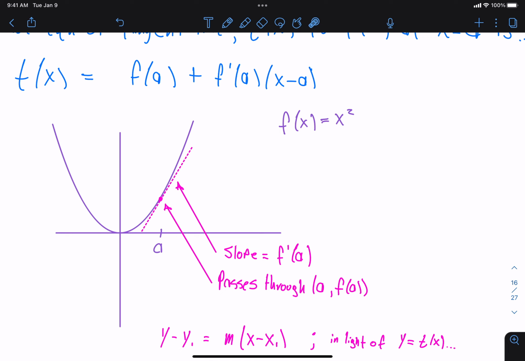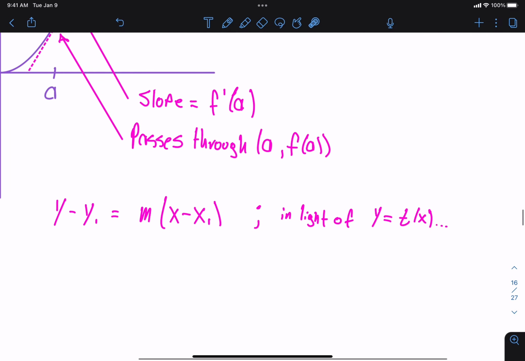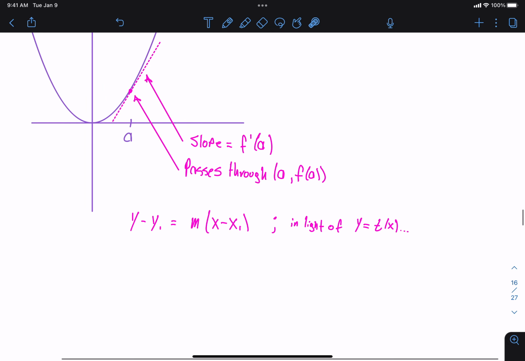I know that the slope of this line is f prime of a, the derivative. And I also know that it passes through the point (a, f of a) because it touches the graph of f of x when x is equal to a. So if I use point-slope, I can put this equation together in the following way. I know that y is equal to T of x, so I'm going to replace y by T of x, and then I'm going to subtract y1, which is the height of the point.